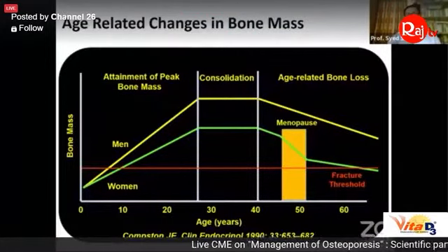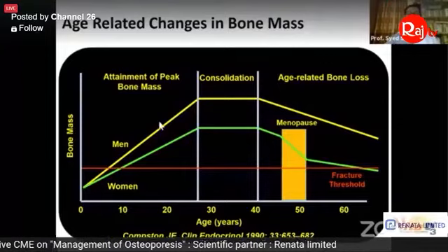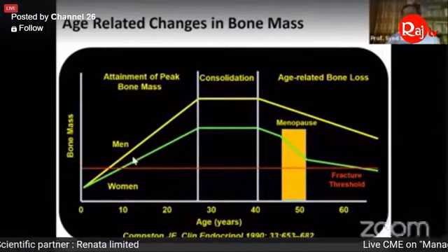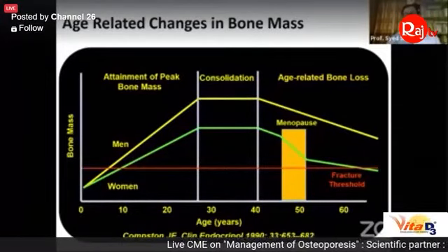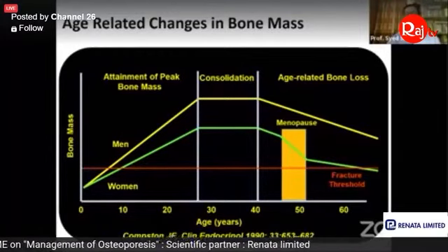As already said, we attain the peak bone mass, and this is the main period. Sometimes people save for the future, for when there will be no job and we will be idle and have to spend money.